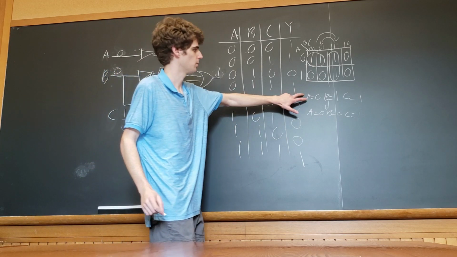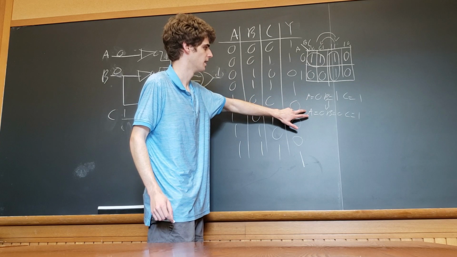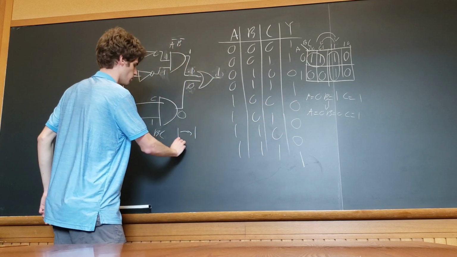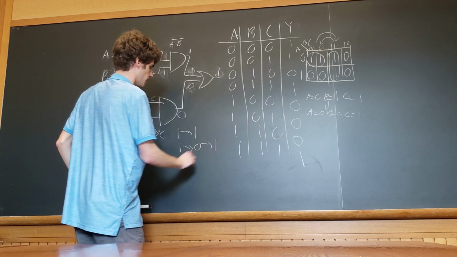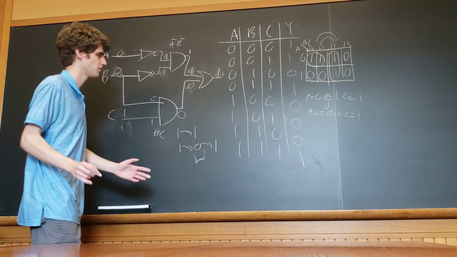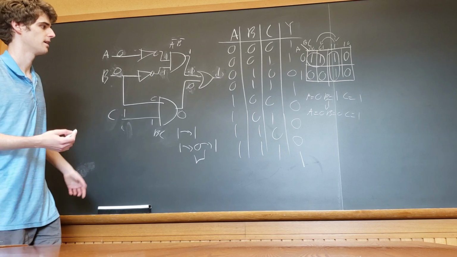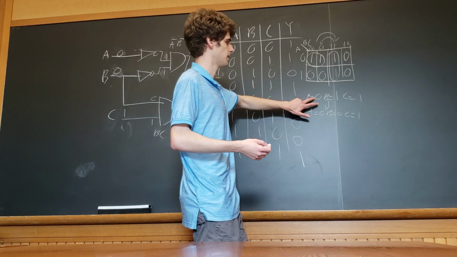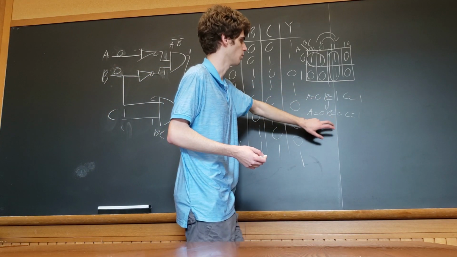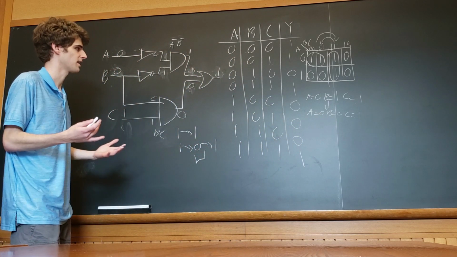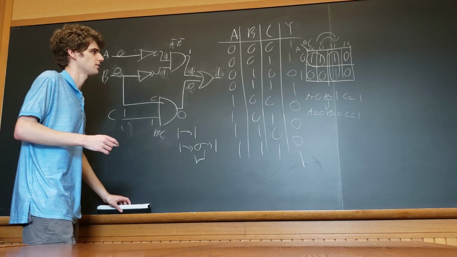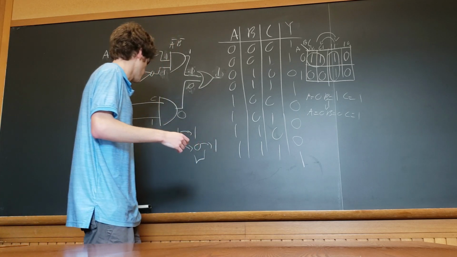Because here we had a 1 and here we had a 1. But we basically went from 1 and then had a 0 for a very short amount of time and then went back to 1. So this incorrect output, that is your glitch. And that means that when we're starting here and B drops, we get this glitch, which means that the circuit has a glitch.